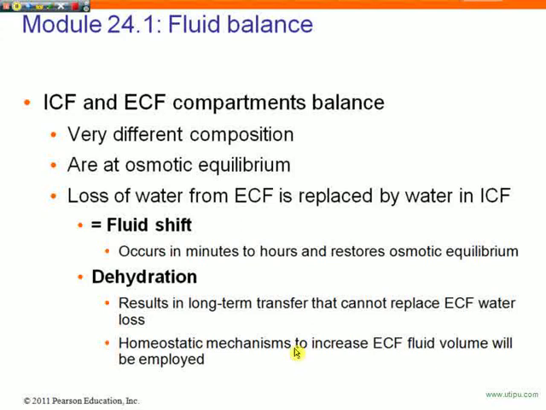That means that when water is lost from the extracellular fluid for whatever reason, it is replaced by water from within the cells. And this is called the fluid shift. It occurs in minutes to hours and is to restore osmotic equilibrium.